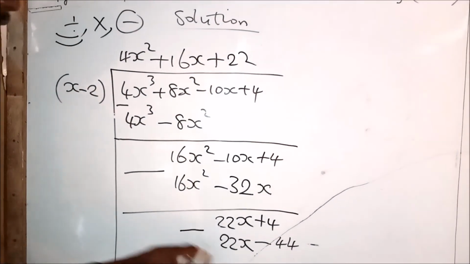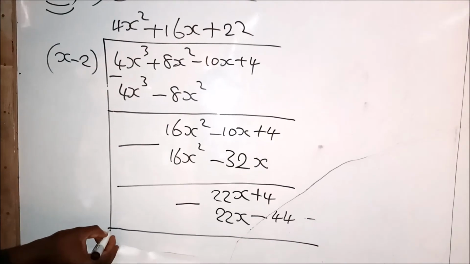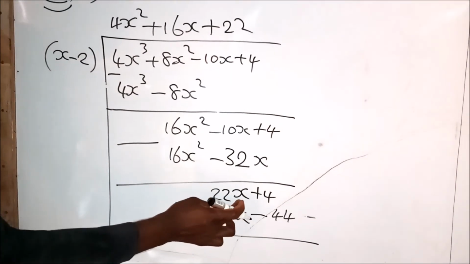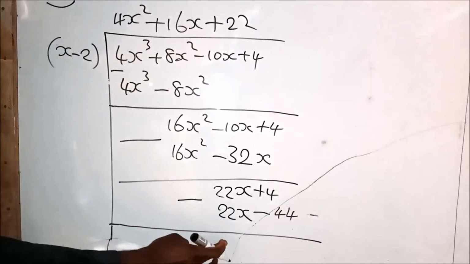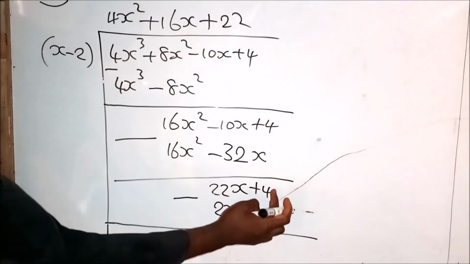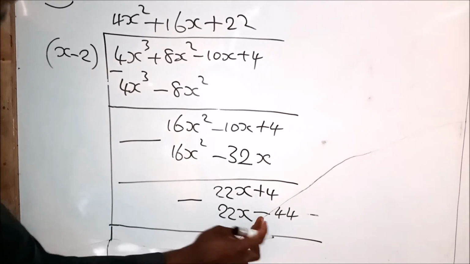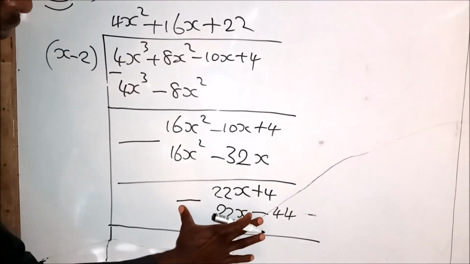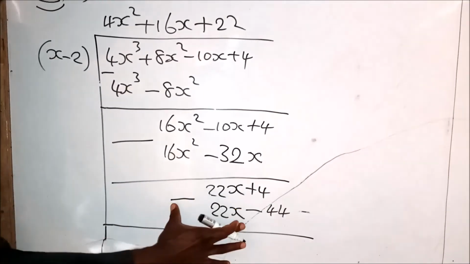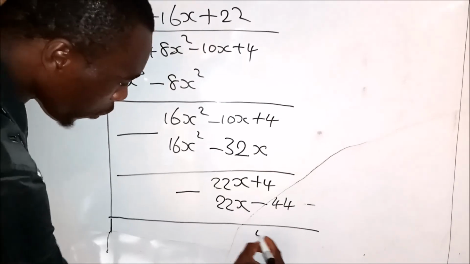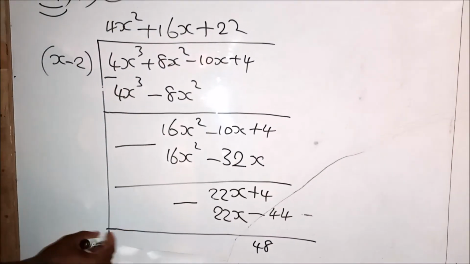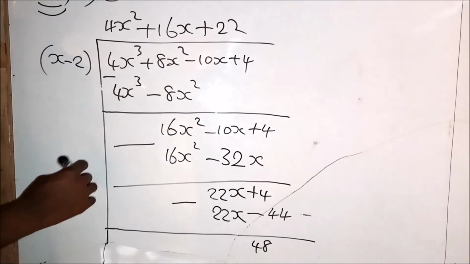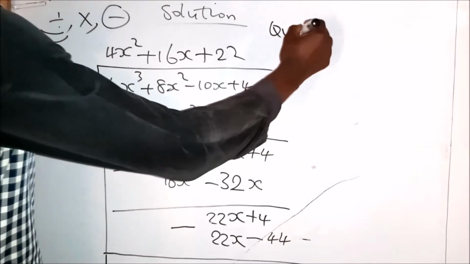So we now go to subtraction again, which is the last operation. 22x minus 22x is 0. Now here we have 4 minus minus 44. That is 4 plus, because minus times minus is plus, so it should be 4 plus 44 to give us 48.